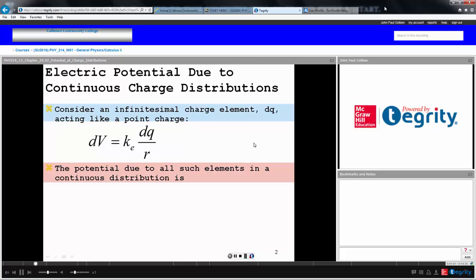The potential due to all such elements, if we were to integrate them all together, would be equal to the integration of all these such elements dV, k being a constant. We'd have k integration of dq over r for our continuous charge distribution.